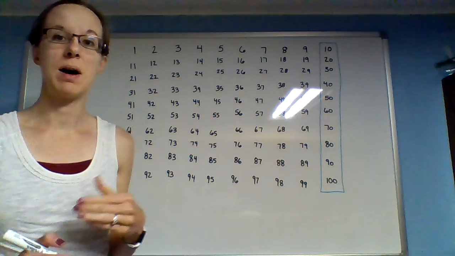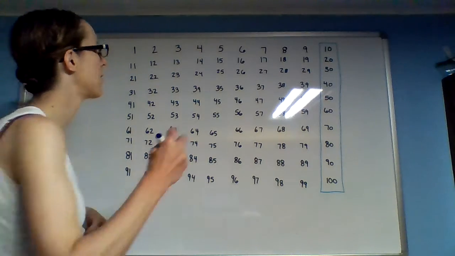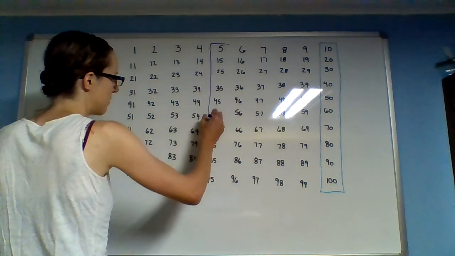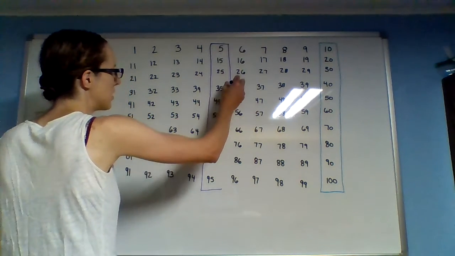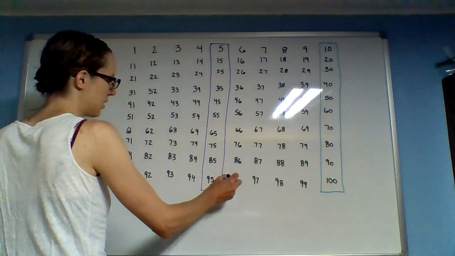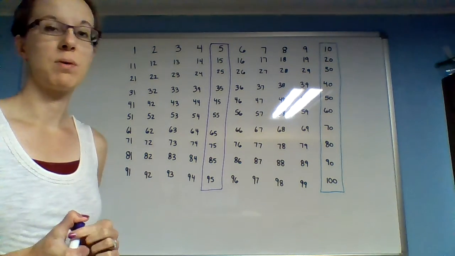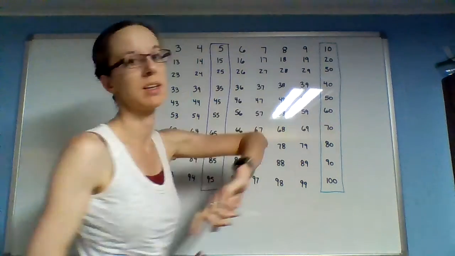If I want to skip count by fives, I get to keep including this column, but I also have to include the fives column. All those numbers that end in 5. Now I would have to jump back and forth between the fives column and the tens column. Count it along with me.